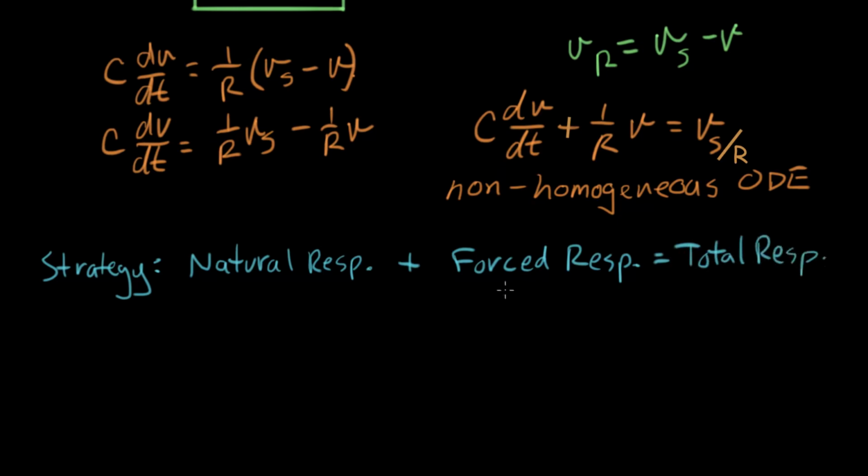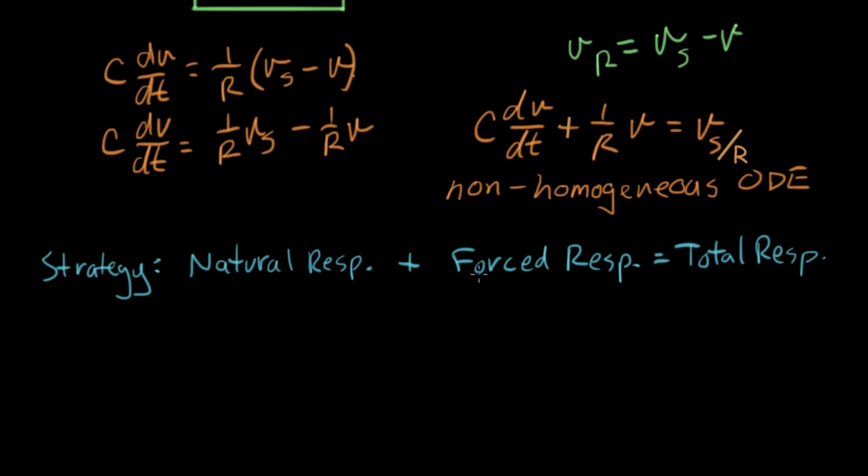All right, so we got 2 new words here. One's the forced response and one's the total response. If we remember before, the natural response was what the circuit did when nothing was forcing it. We just put in some initial energy, some charge, and let the circuit sort of sag toward wherever it was going. That's the natural response. The forced response is what the input source forces the circuit to do.